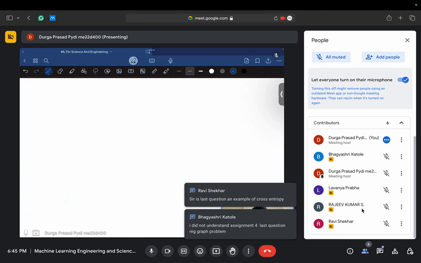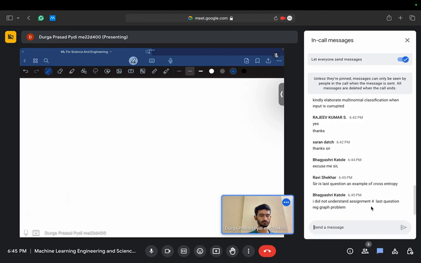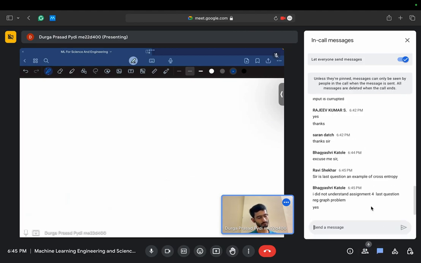The last question, an example of cross entropy. I did not understand the assignment's last question regarding the graph problem. Is the deadline for assignment 4 completed, right? So the graph problem is essentially your training and validation. So basically you have a training and a validation one.